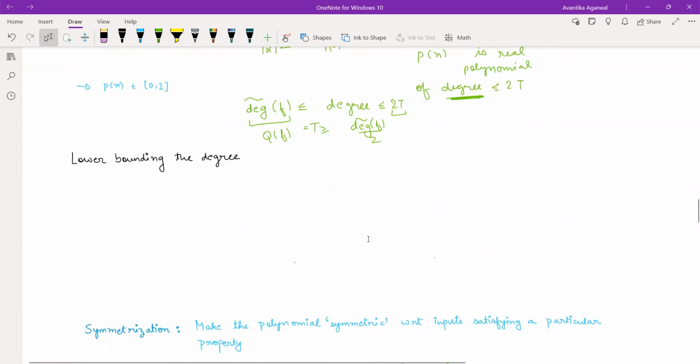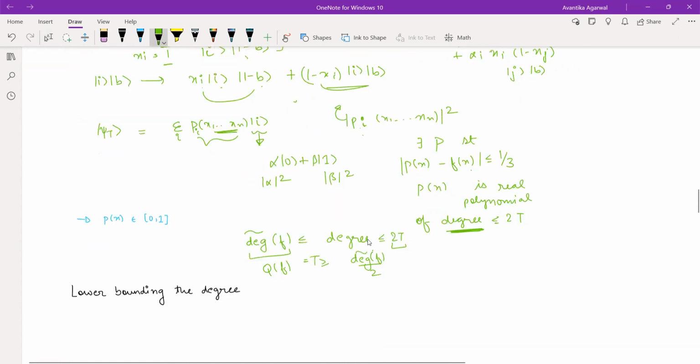So we have established that the query complexity is lower bounded by the degree of such a polynomial. Now we are in the easy domain. We just want to lower bound the degree of this polynomial itself. That is like high school mathematics.